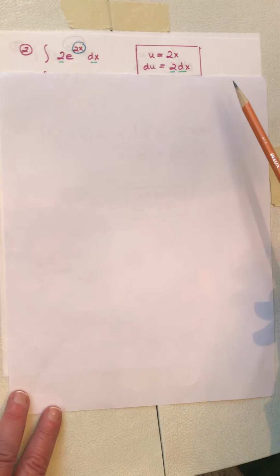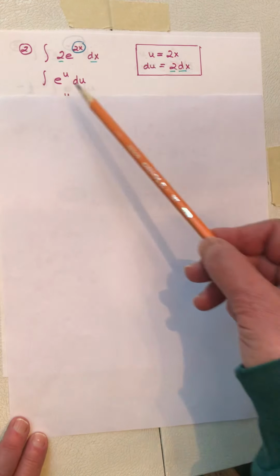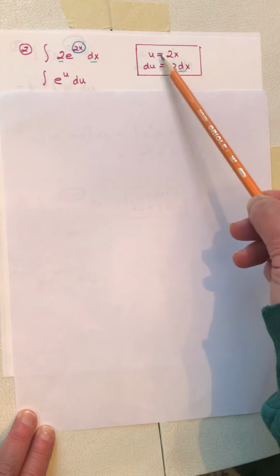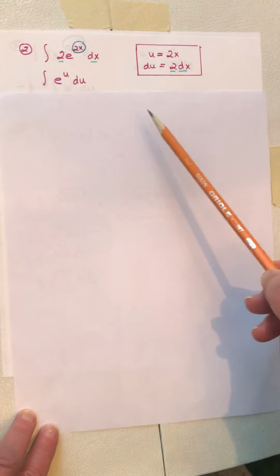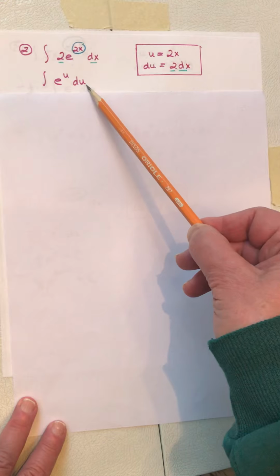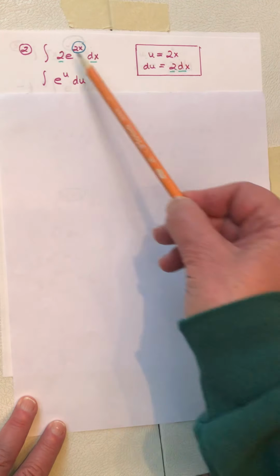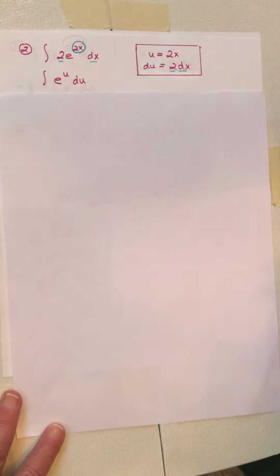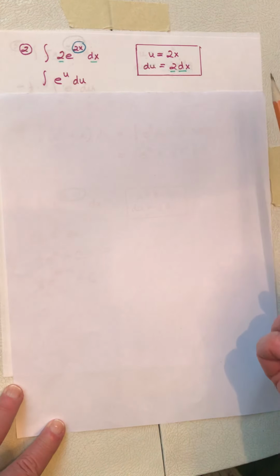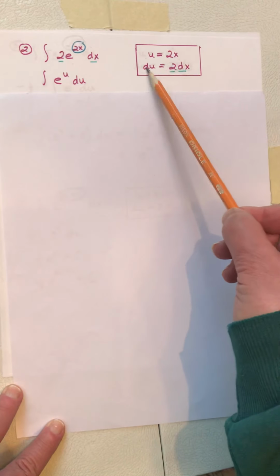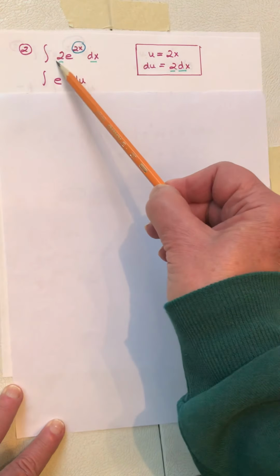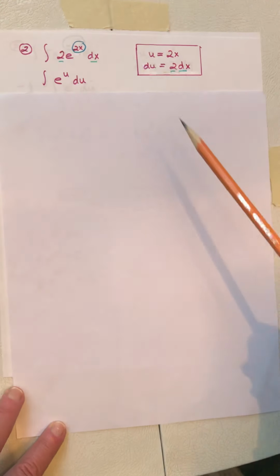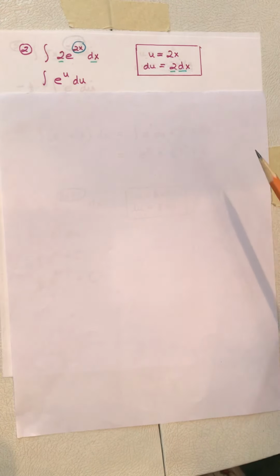So our substitution is simply the integral of e to our exponent u, which is 2x, but we're representing it by u, and then the du covers the rest of the problem, the 2 dx. So we don't have to move this 2 in front. We don't have to multiply by a 1/2. This is the perfect match problem. The du is the rest of the problem, 2 dx. So we're just integrating e to the u du, which we saw in our rule before.